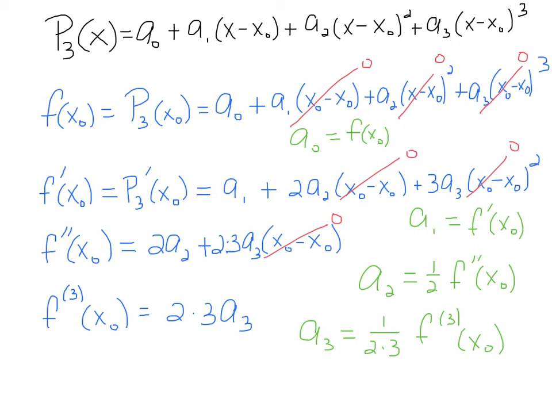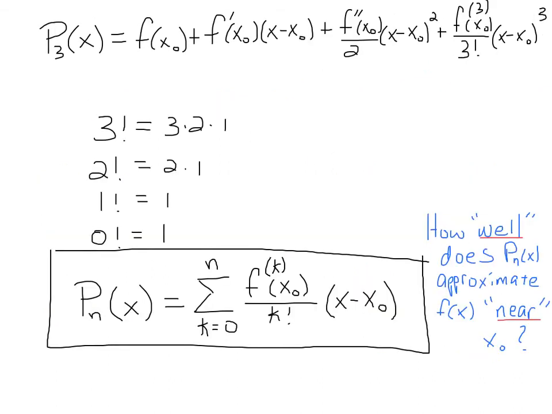So hopefully you've picked up on the pattern. You can see the strategy here. We can generalize this by induction, and if we put all these things together, P3 is, this was the a0, the a1, this was the a2, and this was the a3. What I've done here is written these terms with factorial notation.